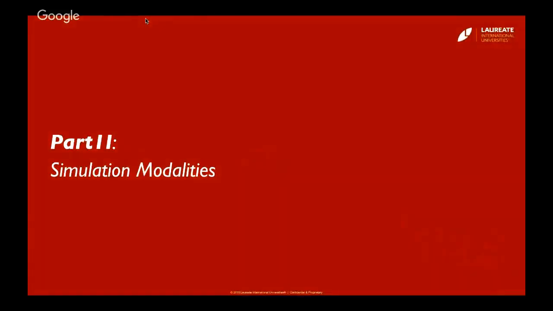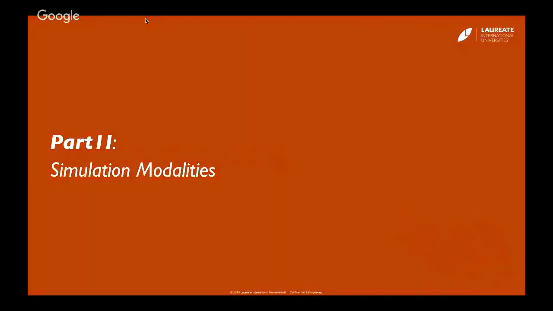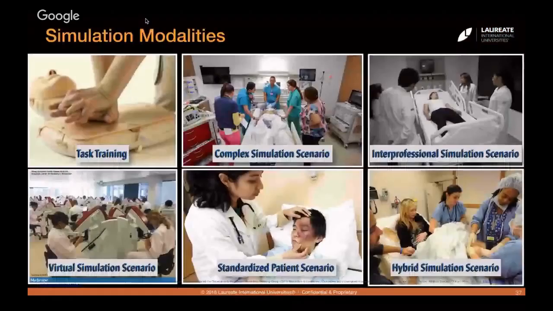So let's talk about simulation modalities. When we talk about simulation, we have two groups of practices: the test training practices and the scenario practices. Both are simulations. We need to keep it in mind because sometimes people think that test training is not simulation, but it is simulation. It's a kind of simulation, okay?